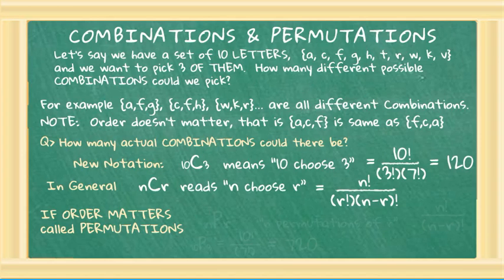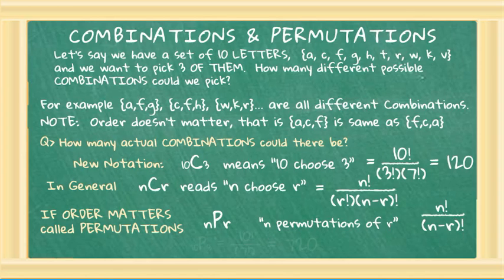We would write that as N, capital P, and a small subscript R. The N and the R are small, like subscripts, with a capital P. We could read that as N permutations of R, where R is the size of the groups we're going to pick and N is how many we start with to pick from. Calculating that would be N factorial over N minus R factorial.